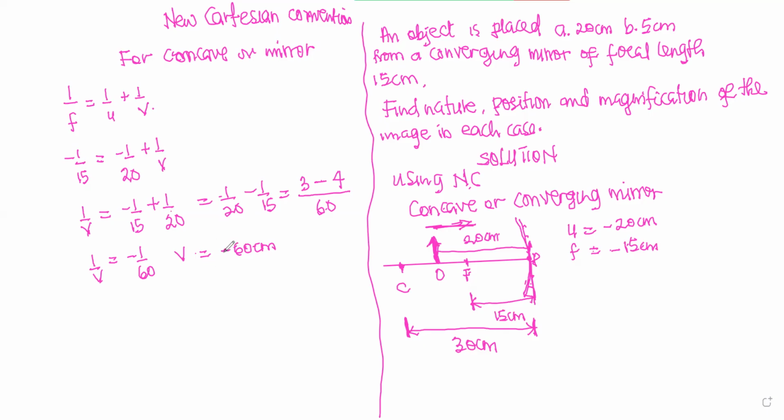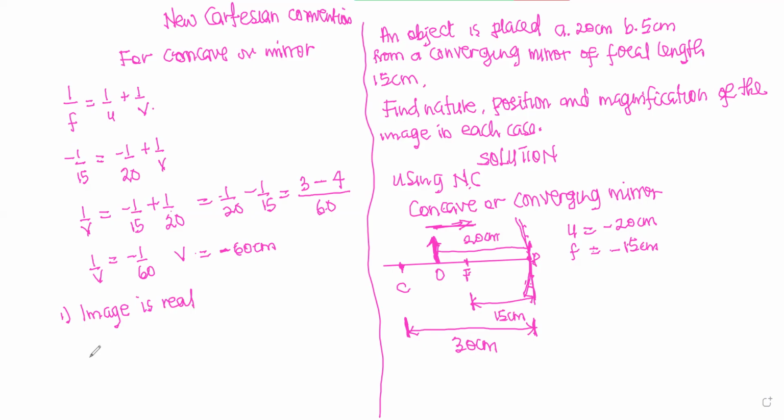So for NC, if the image is real, V must be negative. The direction of measurement must be against the direction of incident light. So the nature of image formed is that the image is real.